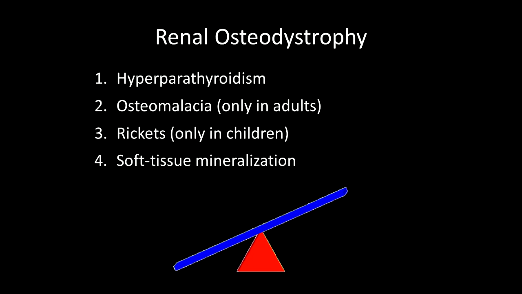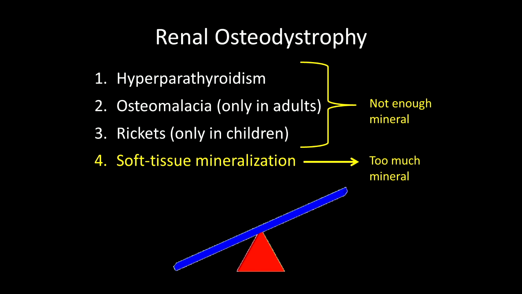The last thing I want to talk about before we stop is this observation that when we speak about hyperparathyroidism, osteomalacia, and rickets, we're typically seeing not enough mineral on X-ray. So the bones typically appear osteopenic. But on the other hand, in the soft tissues, we have too much mineral, whether it's located in the blood vessels or in those large collections called tumoral calcinosis.